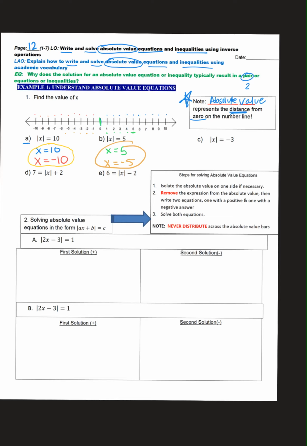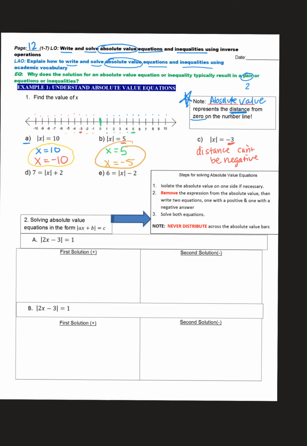Okay, now we're at C. Where is something -3 away from 0? Most of you guys are going to say that this is -3, but we just discussed that distance can't be negative. And this is talking about distance.